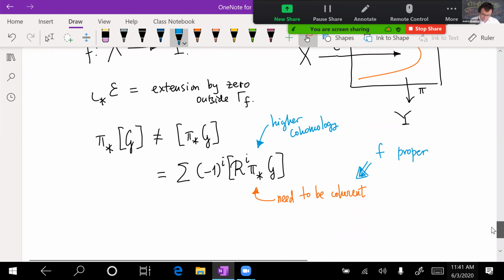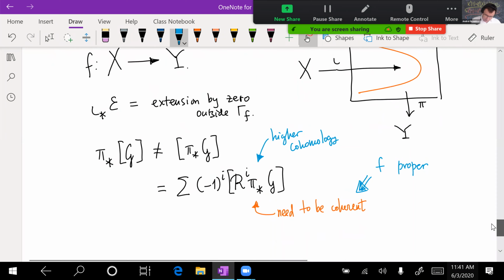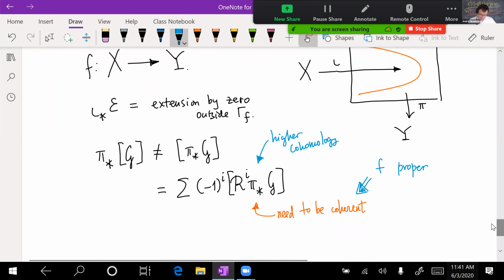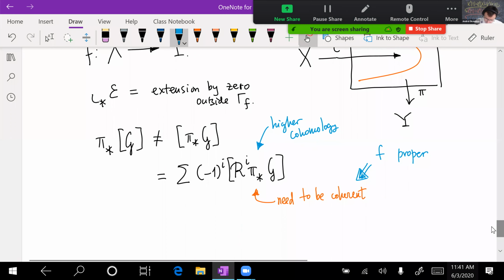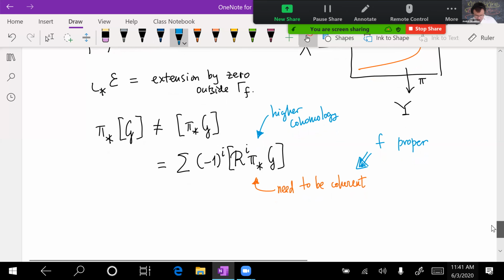And also I want to say two things. In general, even if I'm pushing forward a vector bundle, there is no reason for the image to be in K-perf. You have to assume further things on the map to land in K-perf.